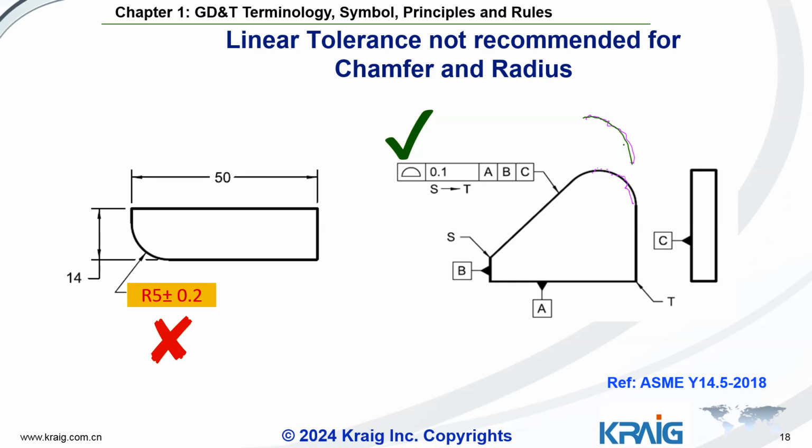And then you get the worst deviation for this profile, because the profile tolerance zone is an inner and outer boundary, and it's even, right? This is the inner and outer boundary. So you do not need to use those points to construct a big circle. There's no need. Okay, so it removes the measurement problem. So that's why we recommend using the profile, and do not recommend using plus minus.